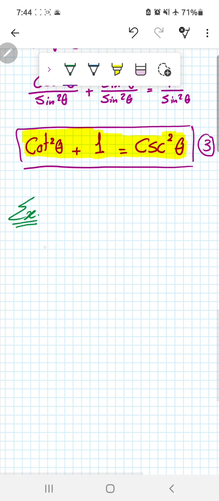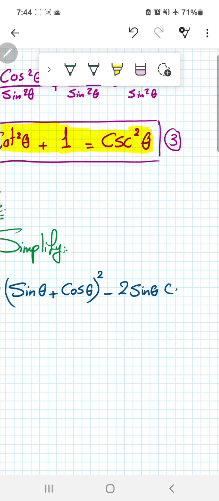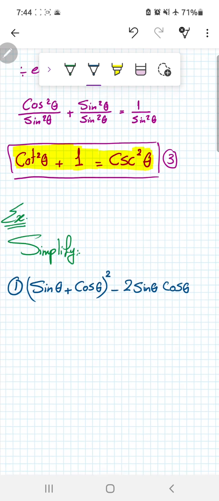Simplify. Number 1: sine theta plus cosine theta all power 2 minus 2 sine theta cosine theta. We want to simplify this.